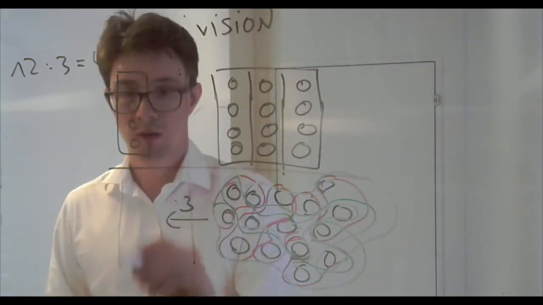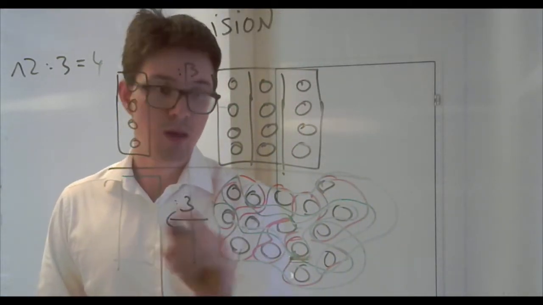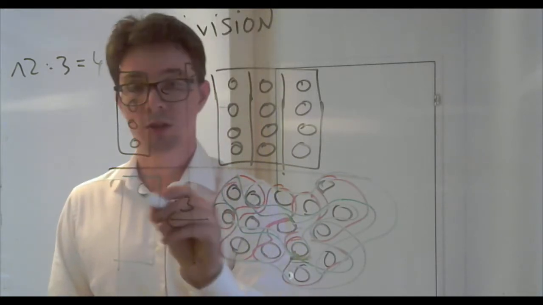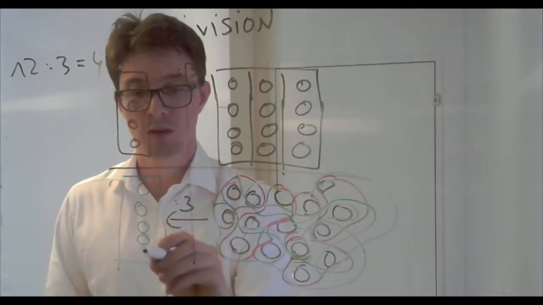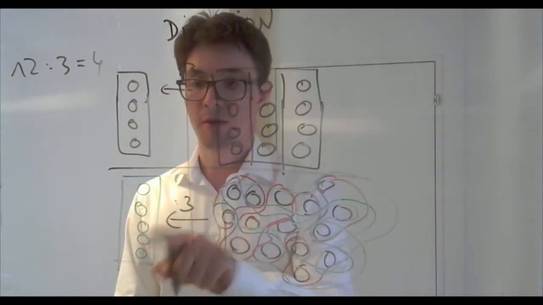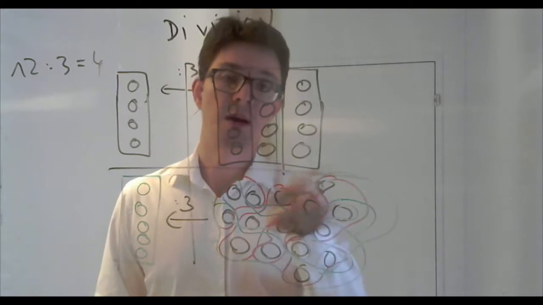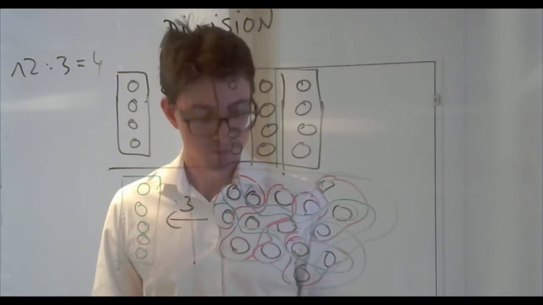So the actual division by 3 consists in these 3 groupings, which each contain 5 dots. So 15 divided by 3 gives 5. The red one would be a division by 5, giving 3.